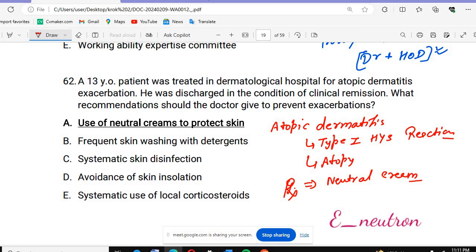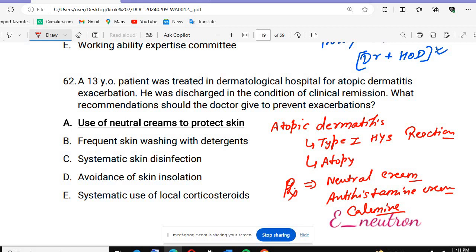In these conditions we can give the neutral creams, along with that we can also give the antihistamine creams. We can also use one drug, that is calamine. So these drugs they can use, they are like some neutral creams or neutral drugs that help to protect the skin.